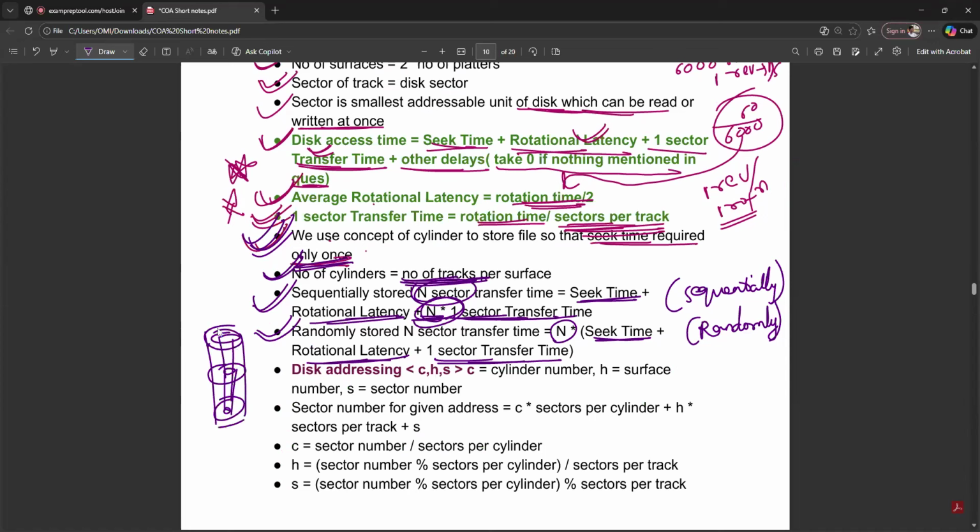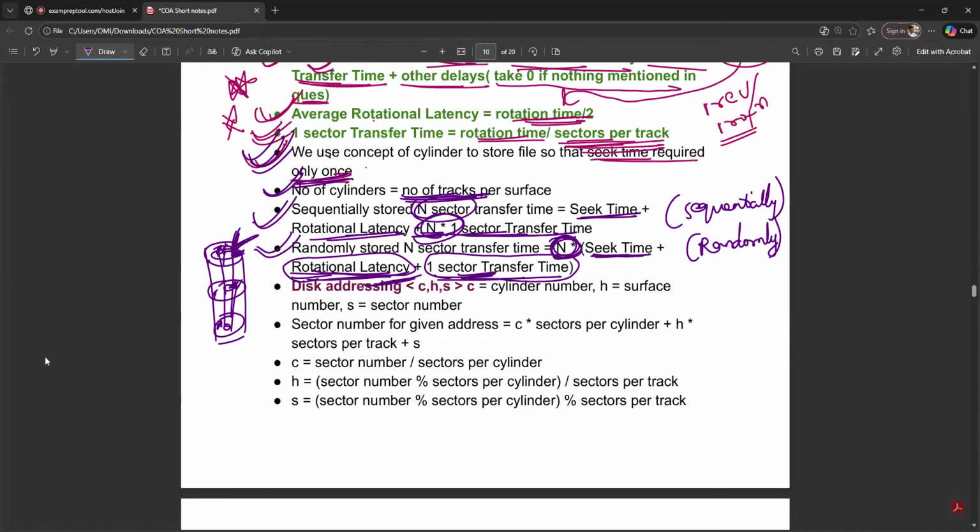Something is present here, something here, something there, randomly. For each of the n sectors, you first have to go to the particular track, then it takes the rotational latency, and then you transfer it. So if stored randomly, for each of the n you take seek time plus rotational latency plus sector transfer time. Please take care of this point.